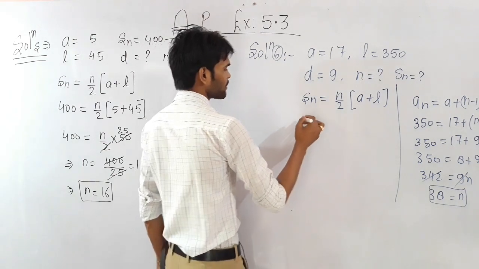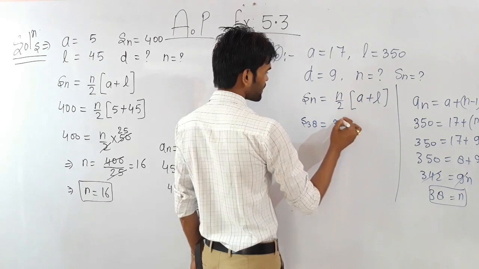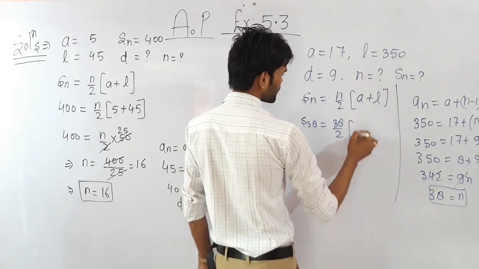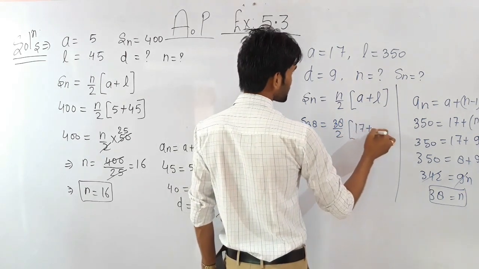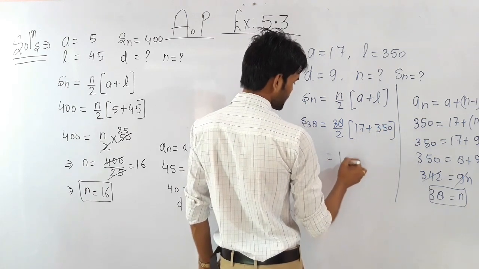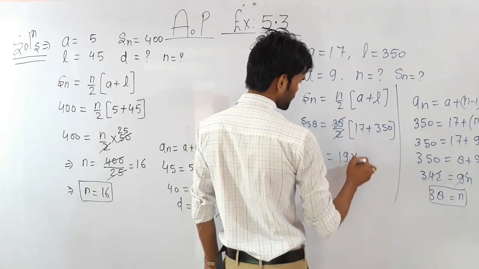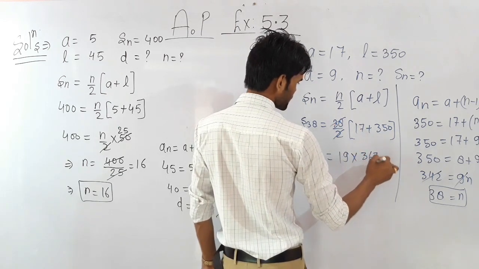So using the formula, S38 is equal to 38 by 2 into A, that is 17, and L is 350. You may write it 19 into 17 plus 350, it will become 367.